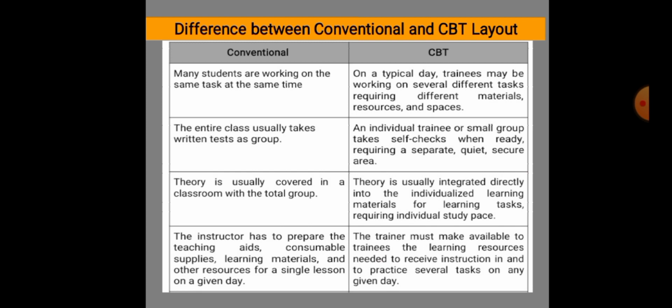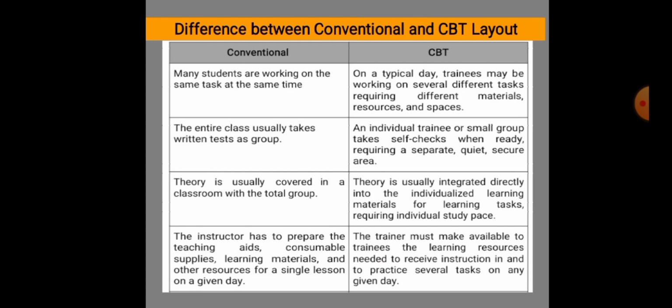For the conventional, many students are working on the same task at the same time, whereas in CBT, on a typical day, trainees may be working on several different tasks requiring different materials, resources, and space.